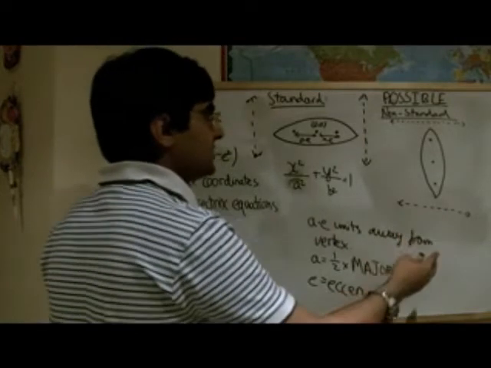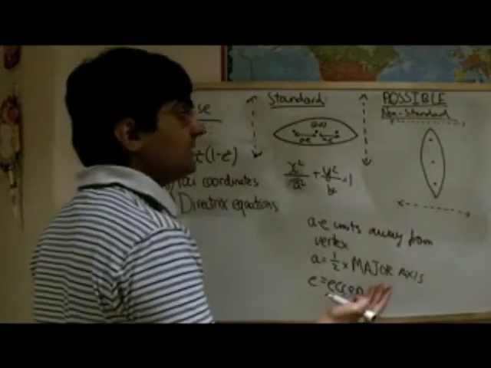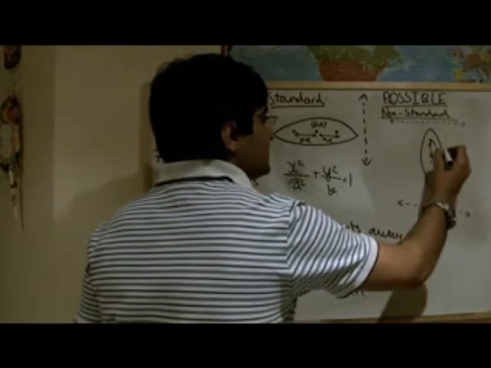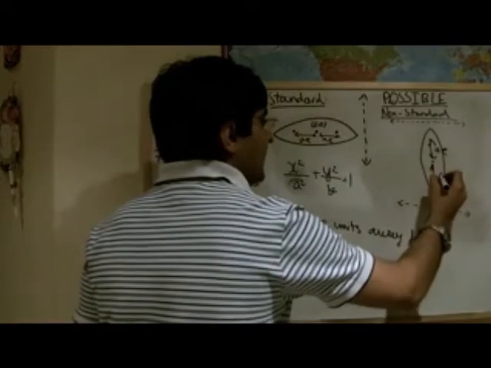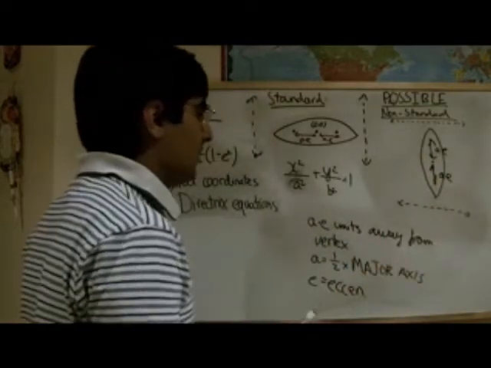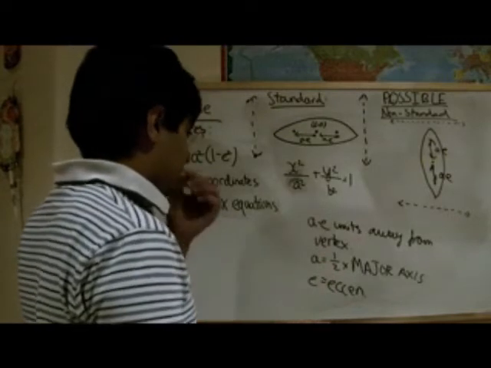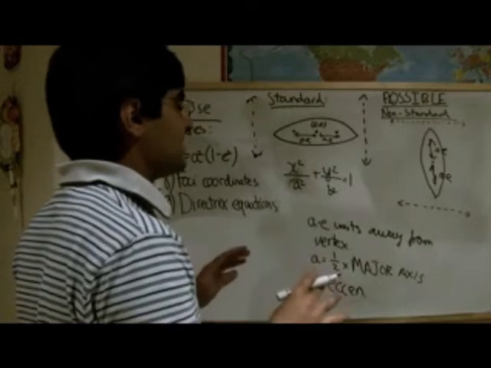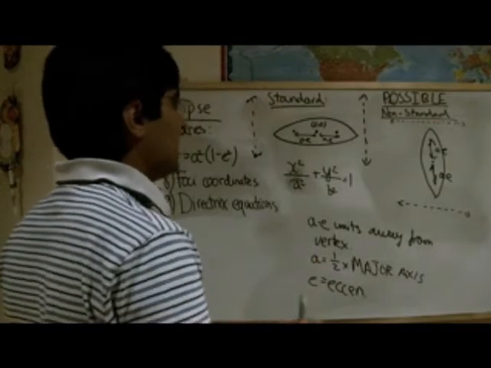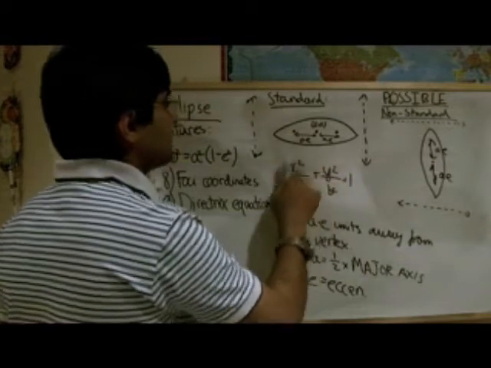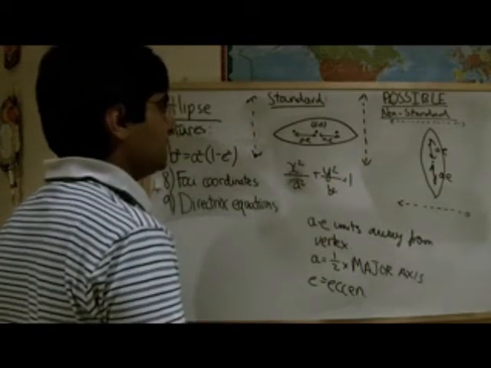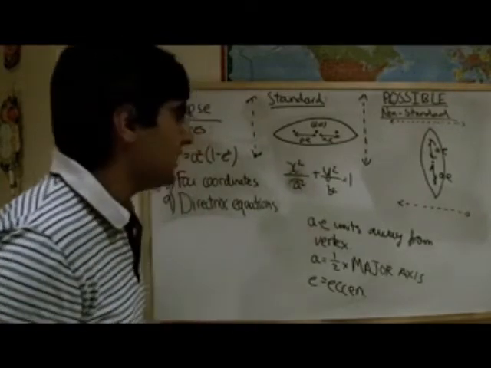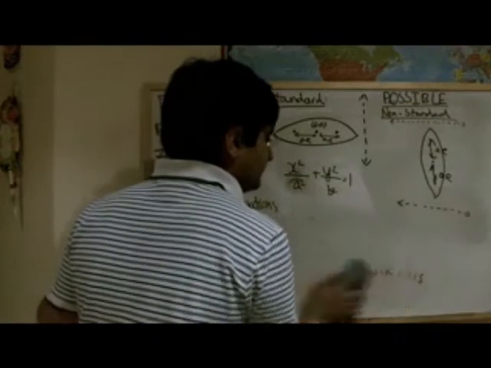In the case of a non-standard ellipse, where the vertical axis may be the major axis, this vertical distance between the center and the foci would be a times e. Alright, so the basic concept is quite simple. Whenever you have a center, and if you know which axis is the major axis, all you have to do is travel ae units either side of the center on the major axis, and you will find the two foci. Alright, that takes care of the foci coordinates part of this relation.